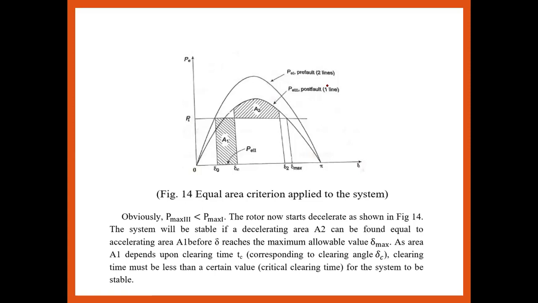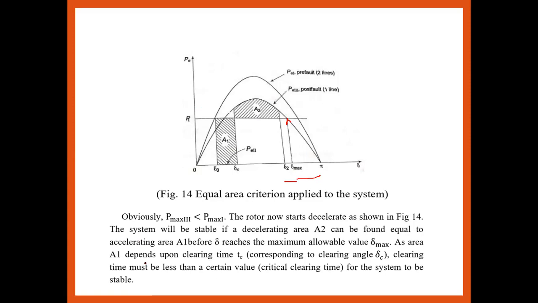Okay, so the system will be stable if the decelerating area A2 can be found equal to the accelerating area A1 before the angle reaches the maximum allowable value, that is del m. This is the maximum allowance, because this is del max. So before del max, A1 and A2 should be equal. If the areas are equal, then the system will be stable.